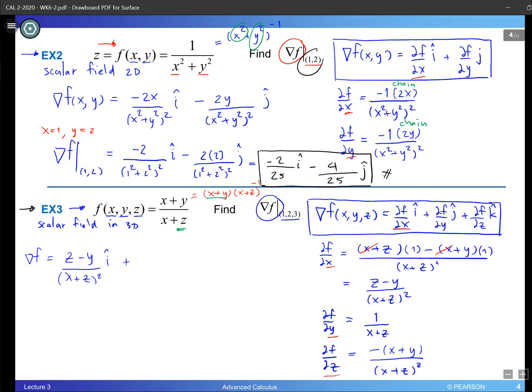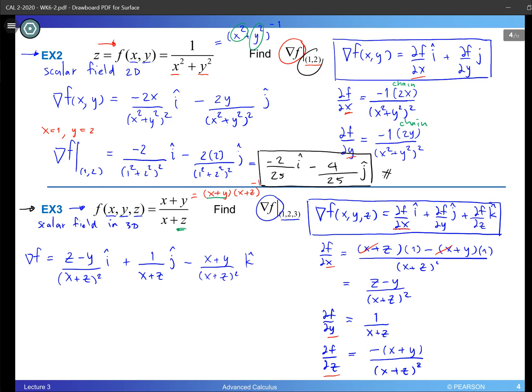Alright, for the second component, we have this 1 over x plus z, j. Last component, df by dz, we have this, okay, minus, so I can just use right here, minus x plus y divided by x plus z squared, k component.